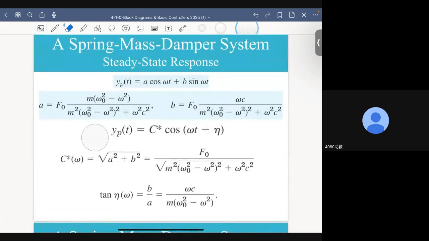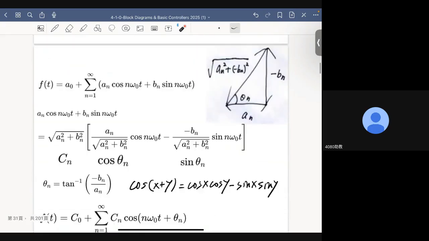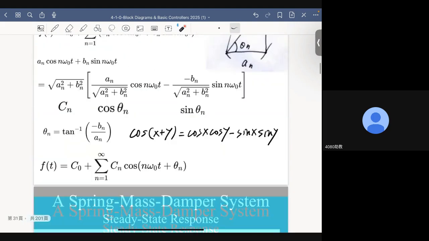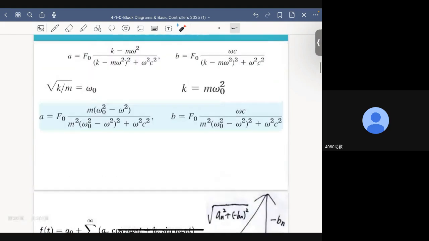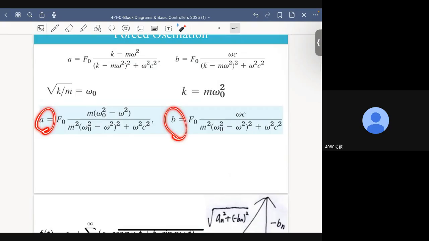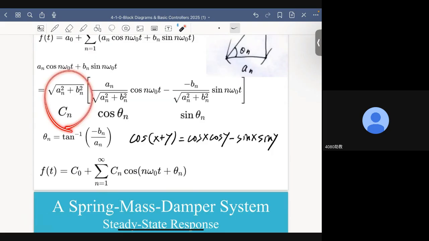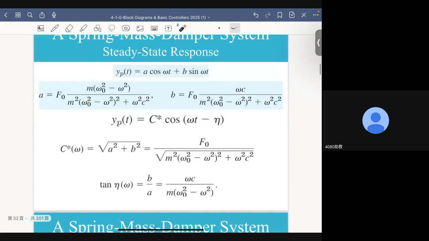the important thing here is that once you complete this conversion, you will realize that Cn, since An and Bn are both functions of omega, and since Cn is the square root of An squared plus Bn squared, it is clear that Cn is a function of omega, all right?